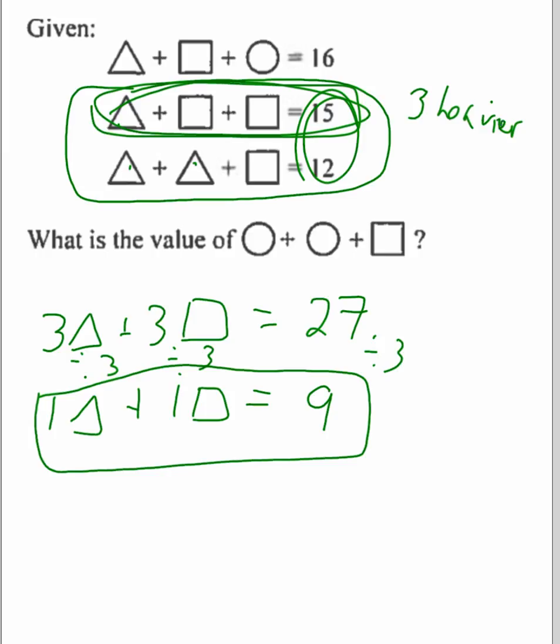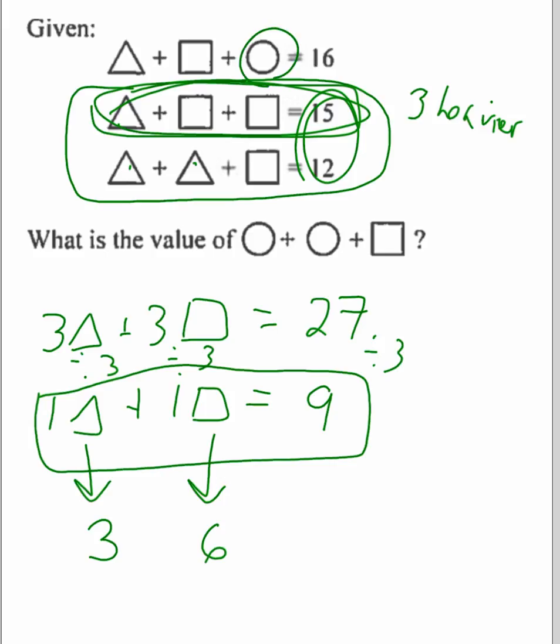than the triangle. So if I know that triangle plus square has to equal 9, and I know that the square is 3 heavier than the triangle, what does that tell me about the square and the triangle? Well, the square must be 6 and the triangle must be 3. So now I can go back up to the top one and say, okay, 3 plus 6 was 9.